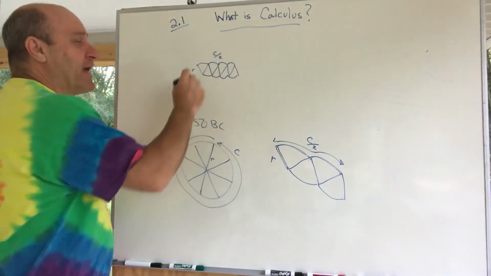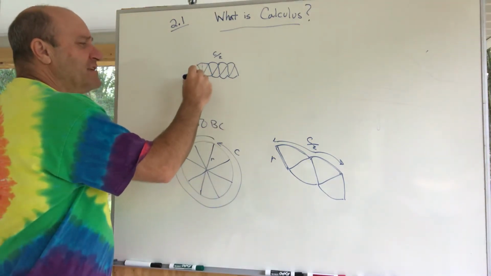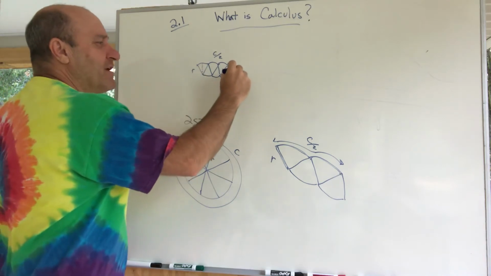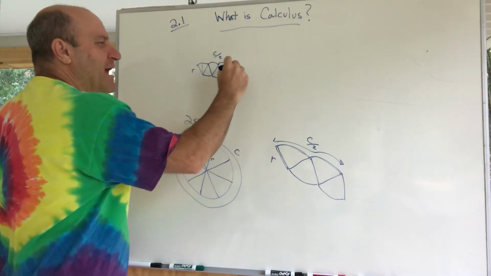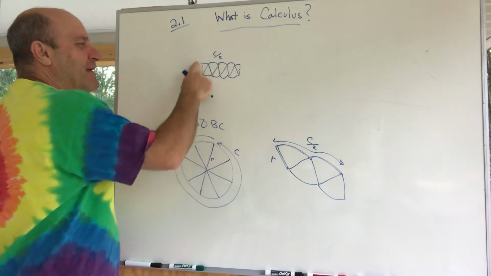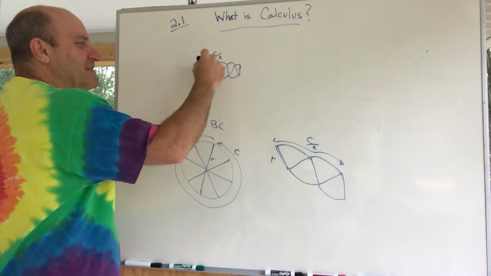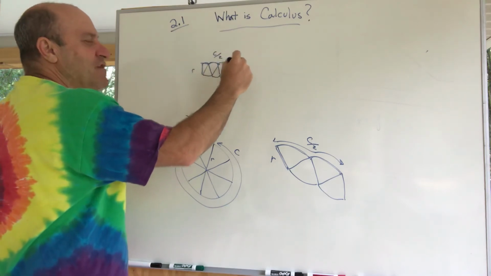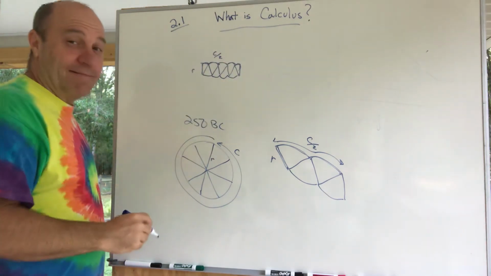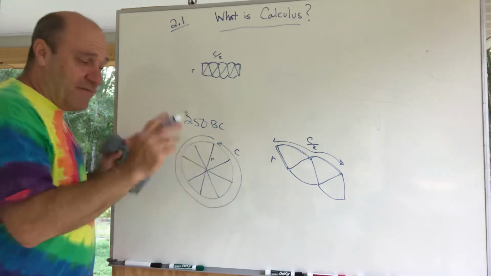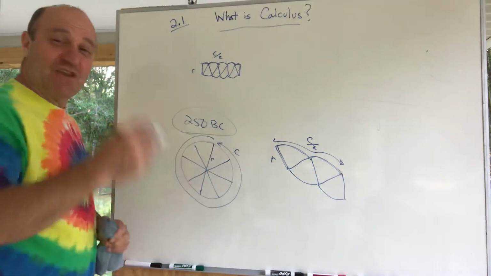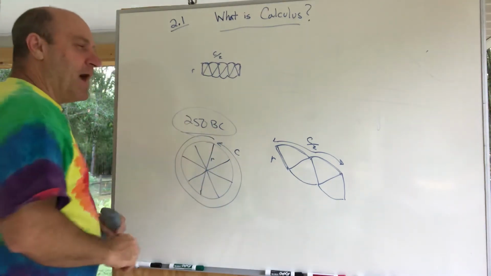It looks more like a rectangle if you take half this piece, cut this piece in half, and bring it over here. Bring half a piece of pizza over there. Now it's got a distance r, and it's still got this curvy side c over 2. Well, Archimedes figured even in 250 BC he could do this infinitely.